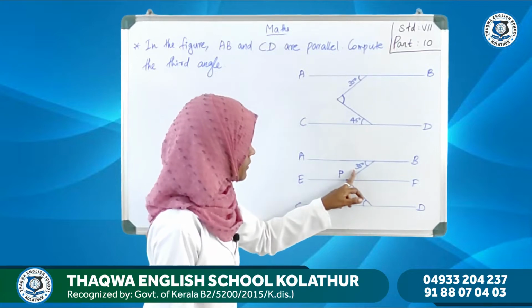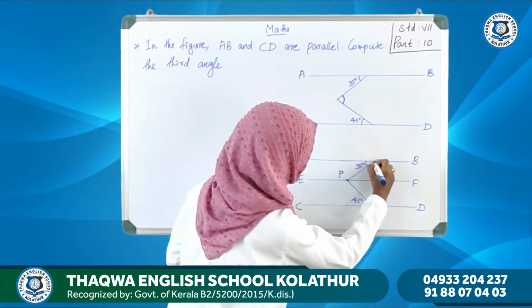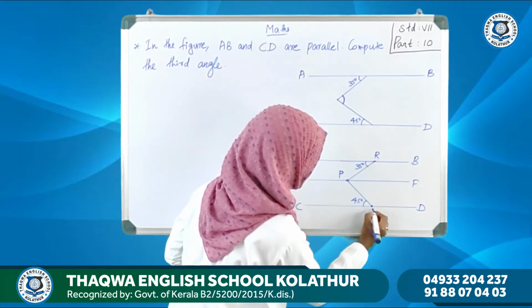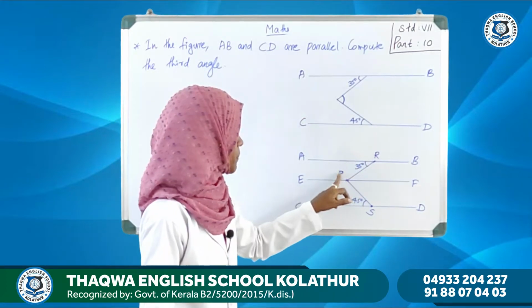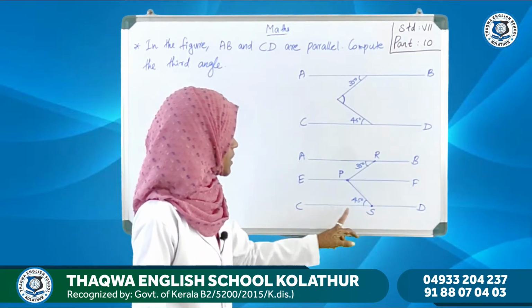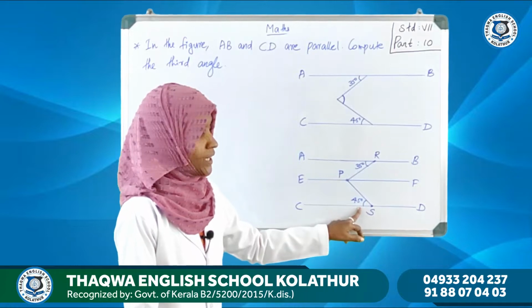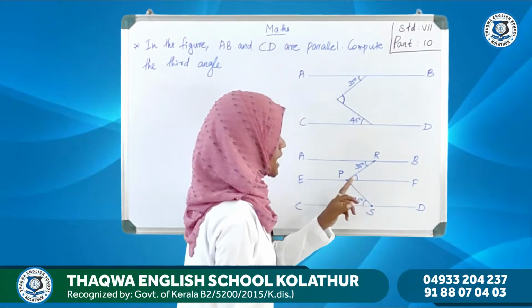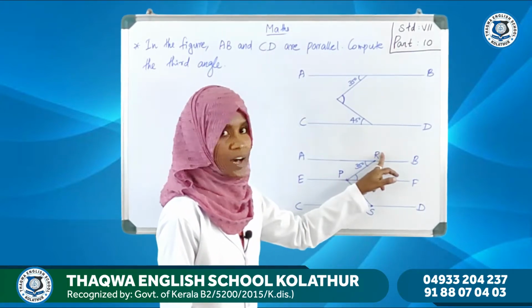Now, we have given angle ARP 35 degree and angle CSP, it is 45 degree. Now we got this angle. What is angle FPR?